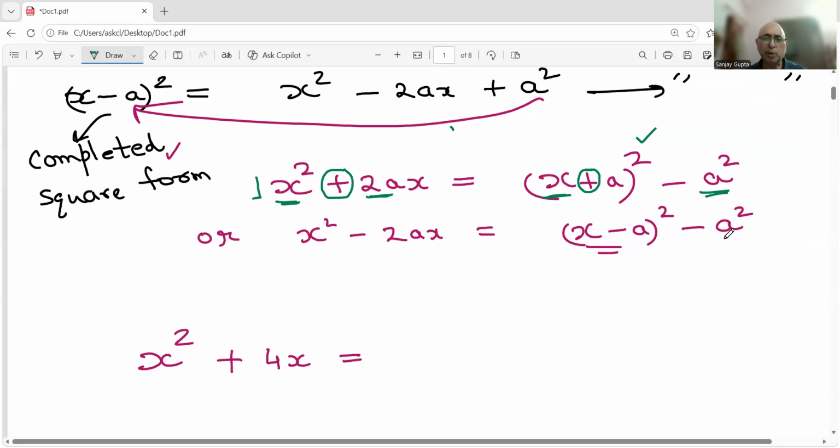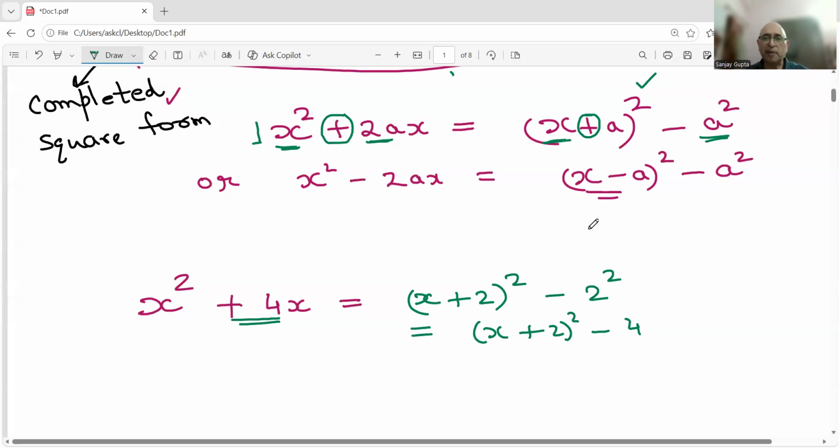And we will also have to do minus of a square. So in the question x square plus 4x, the coefficient of x is plus 4. When I divide that plus 4 by 2, it becomes plus 2. So can I write it as (x plus 2) whole square minus 2 square, which is nothing but (x plus 2) whole square minus 4? Is that right?